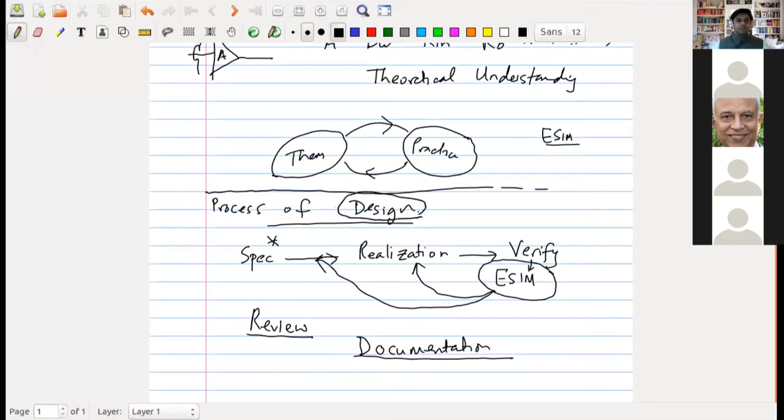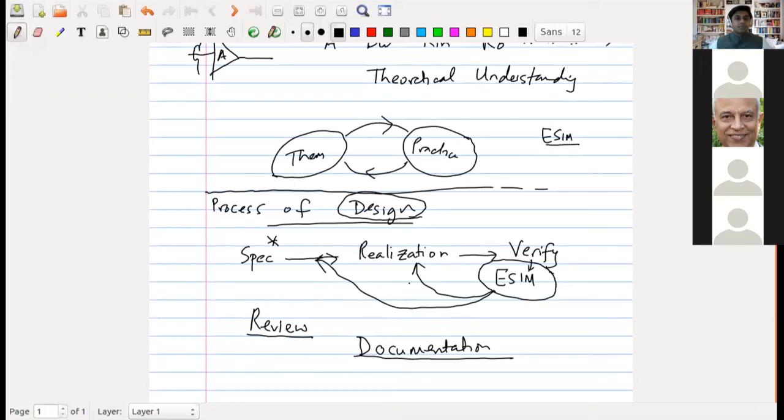You have to answer the big questions. You have to capture a specification. You have to go through a realization based on your fundas. Then that realization has to be verified. In our world, in the circuit world, you verify it using a simulator. And not only that, during this process, you have to continuously have a clear picture captured in your documentation so that it can be reviewed.